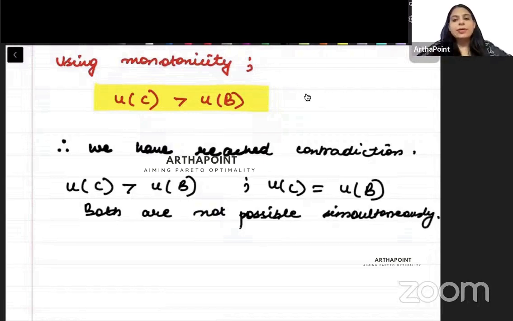I cannot satisfy both. Either it will be more or it will be equal. How can it be more and equal also? So we have reached a contradiction.